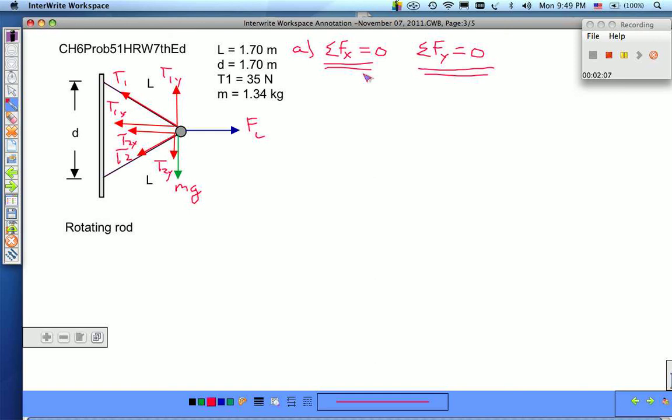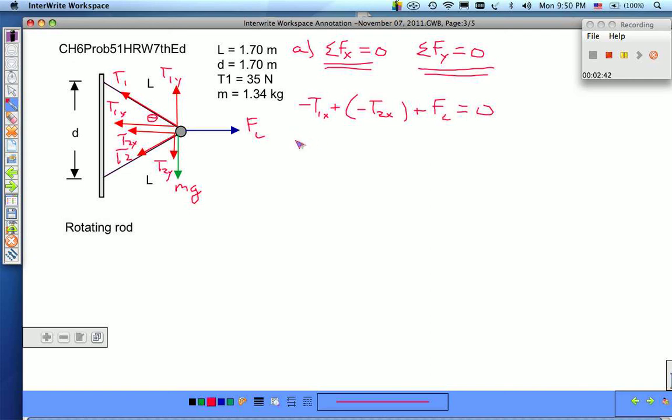Now let's start with the sum of the forces in the x direction, and we have minus T1x plus minus T2x plus the pseudo force, F sub c, that's equal to 0. So expressing T1 and T2 in terms of an angle, and that angle will be the angle between the upper tension and the horizontal. We've identified this to be an equilateral triangle, so each of these angles is 60 degrees, therefore theta is 30, so half that.